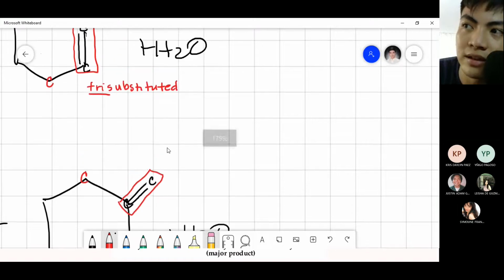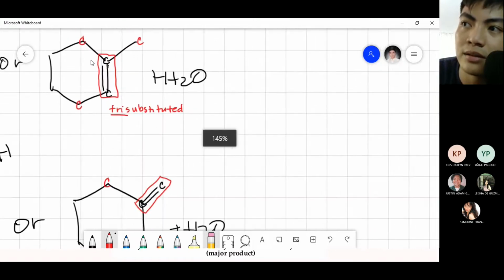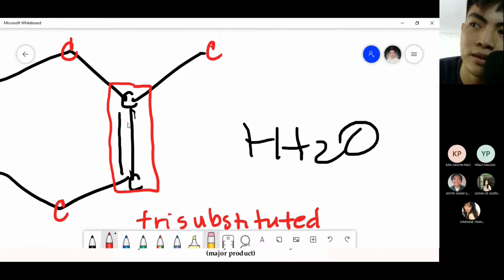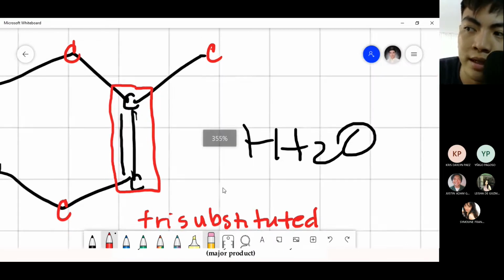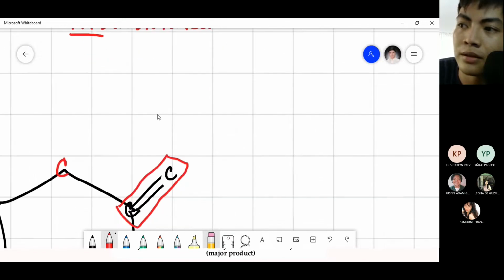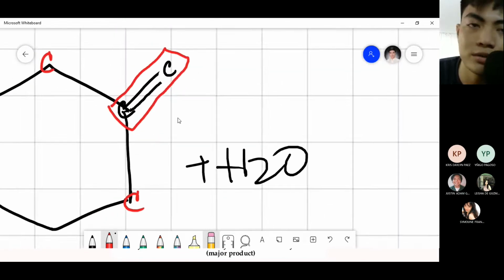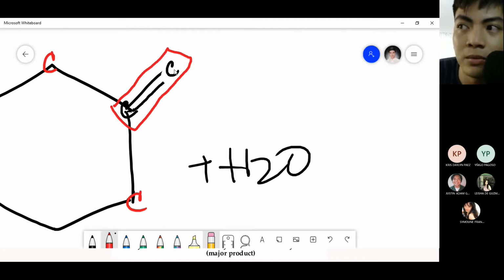Okay? Kita nyo yung difference? Dito, tri-substituted kasi tatlo yung carbon na nakadugtong mismo sa double bond. Ito, ito, ito. So, tatlong carbon nakadugtong sa double bond. So, tri-substituted. Ito naman, dalawang carbon lang nakadugtong sa double bond. Ito yung double bond. Ano yung nakadugtong na carbon?